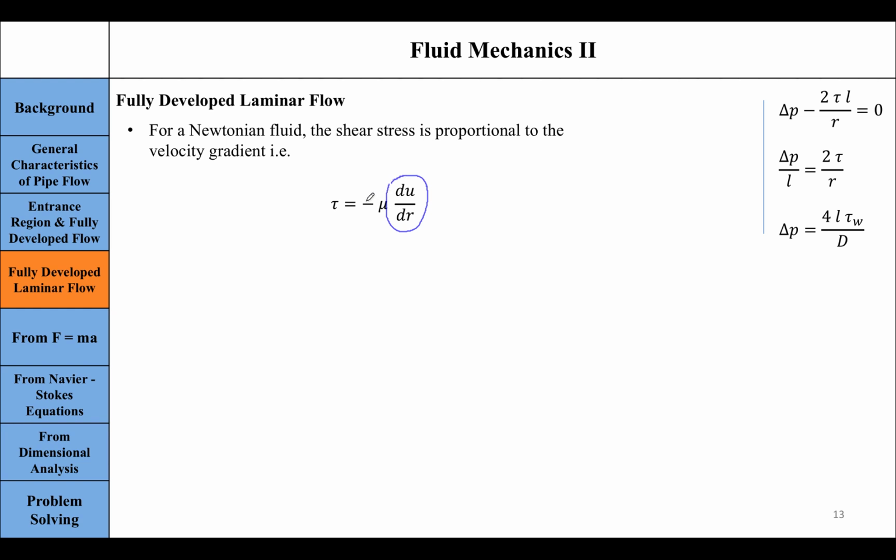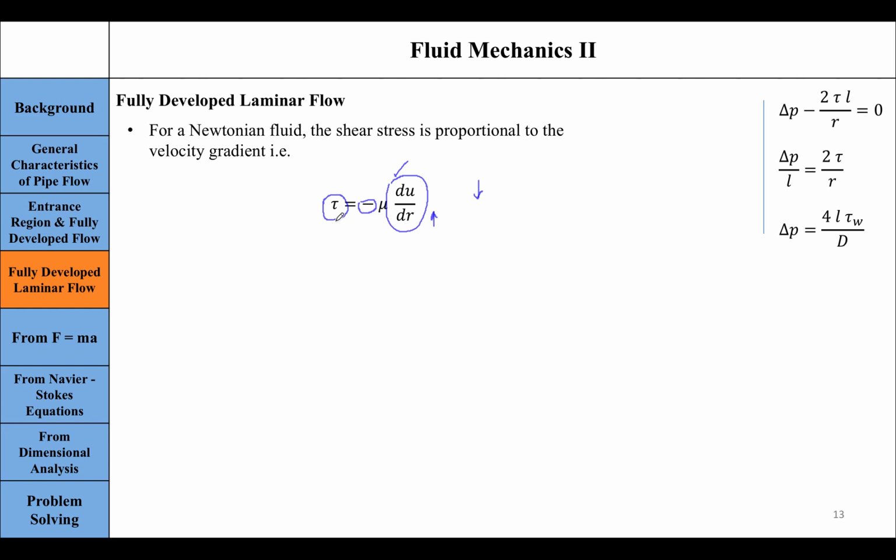So why the negative sign? That's because the velocity is decreasing as the radius is increasing. What that means is that du by dr is going to be a negative quantity, but the viscous stress term here cannot be a negative quantity. So we need to multiply this term by the negative sign in order to have a positive value for tau.